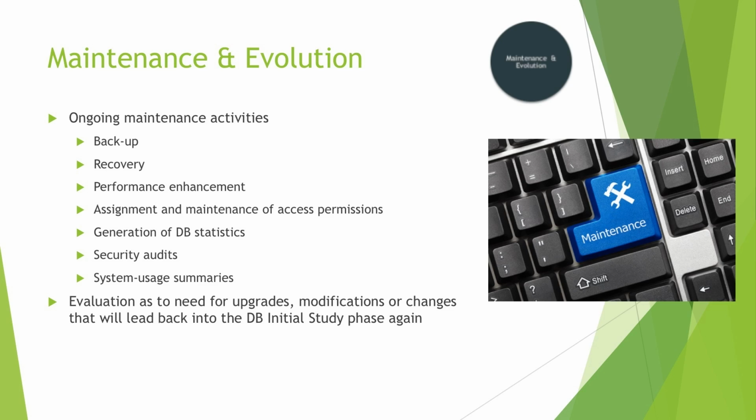This phase also includes evaluation as to whether upgrades are needed and whether modifications or changes need to be done. And if they are identified as needing to be done, then it will lead back into the database initial study phase again, thus completing the cyclical nature of the DBLC, very similar to how the SDLC works.